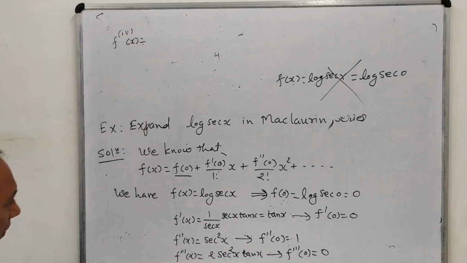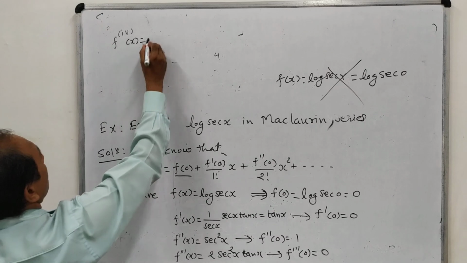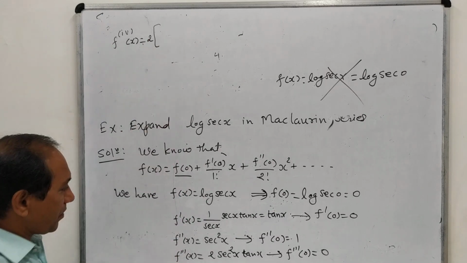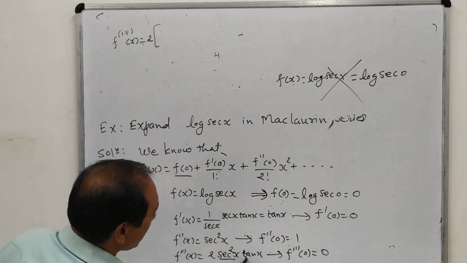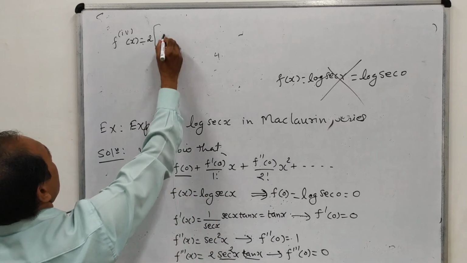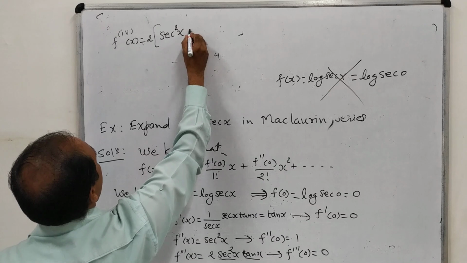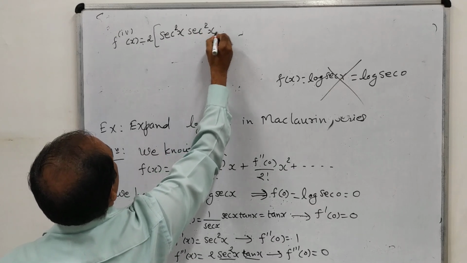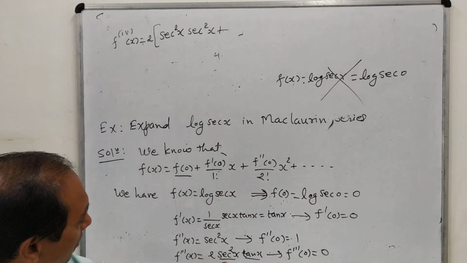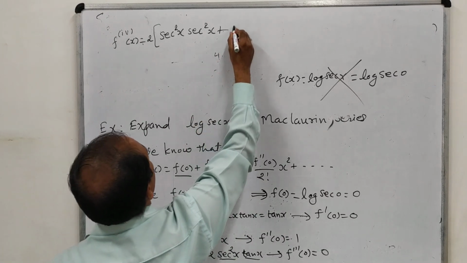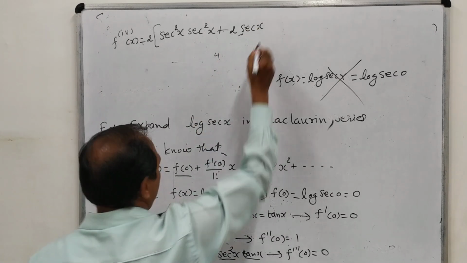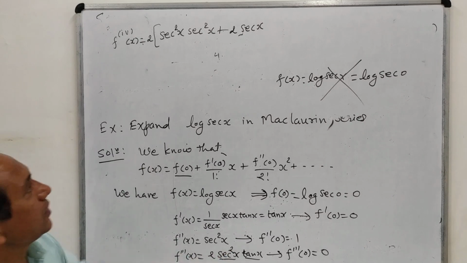So what is the derivative of this one? 2 we will keep outside. We will use the concept of u into v. So sec square x we will keep as it is, and the derivative of tan x is sec square x, plus now we will find the derivative of sec square x. The derivative of sec square x is 2 sec x, and sec x has the derivative sec x into tan x.